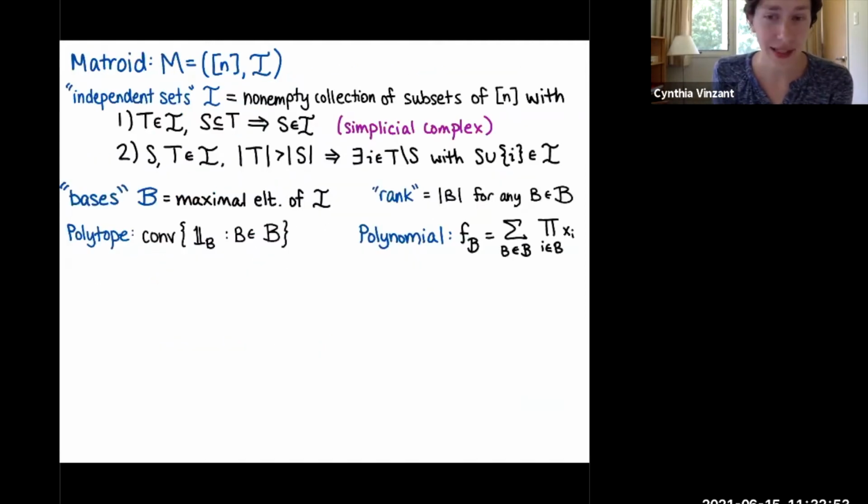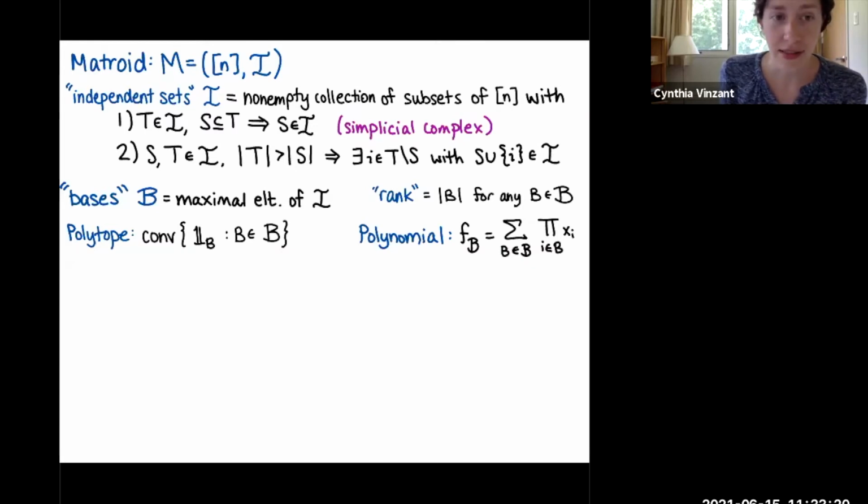So I imagine that this is familiar to a large portion of the audience, but I'm going to go through it quickly anyway. So for me, a matroid is going to come with a ground set of the numbers 1 through n, and will be defined through its independent sets, which will be a non-empty collection of subsets of 1 through n, satisfying two properties.